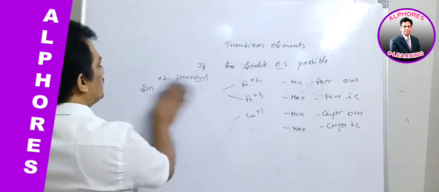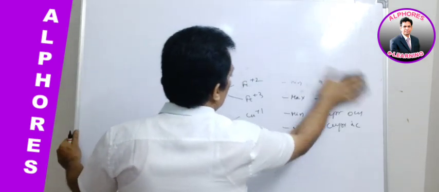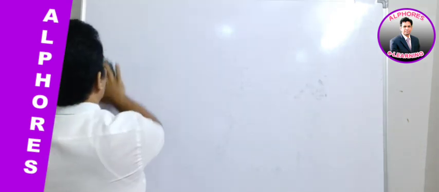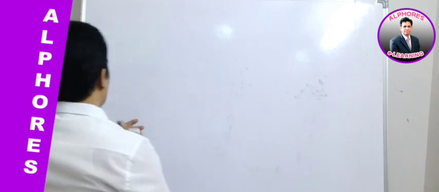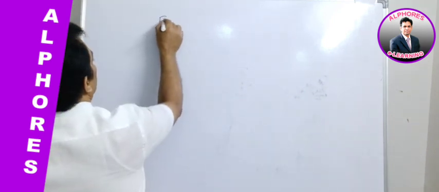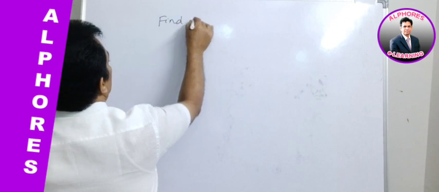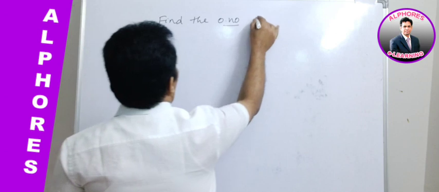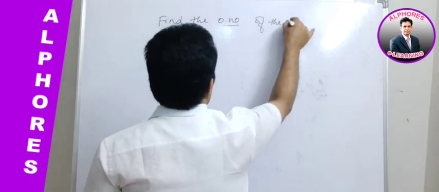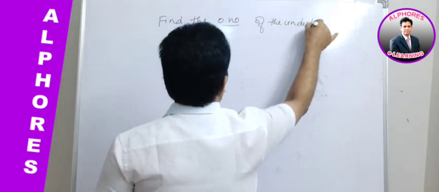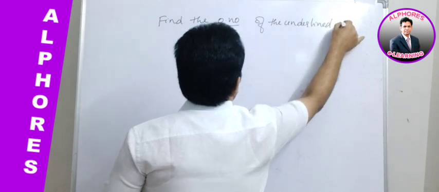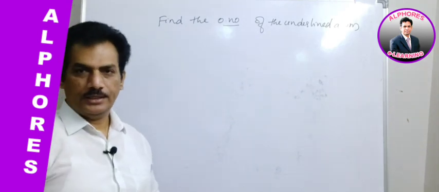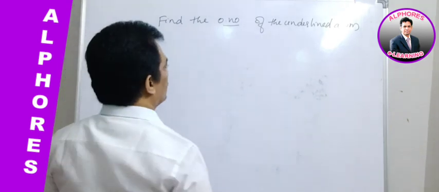Find the oxidation states of the underlined atoms in the given compounds. That is the heading of the problems. Find the oxidation number of the underlined atom.